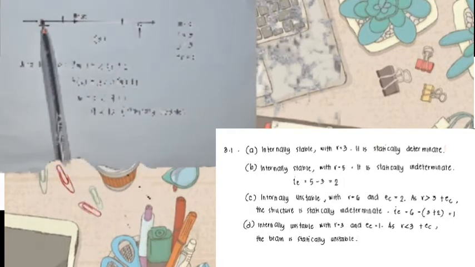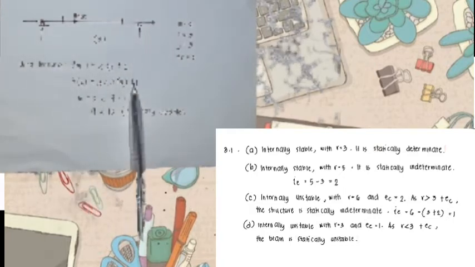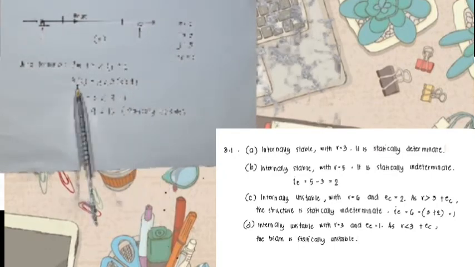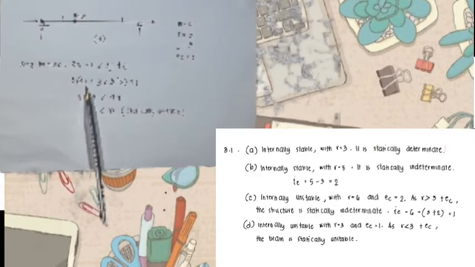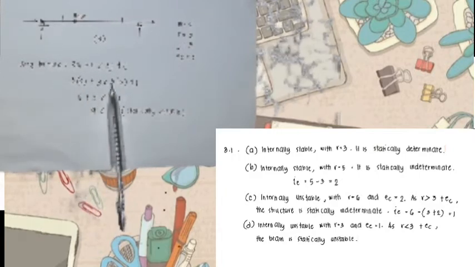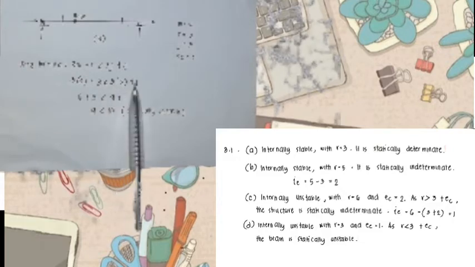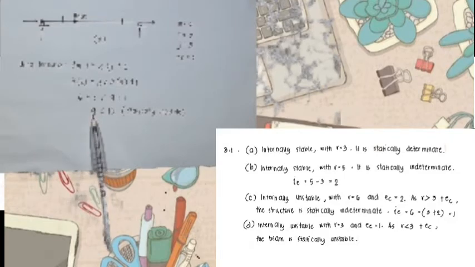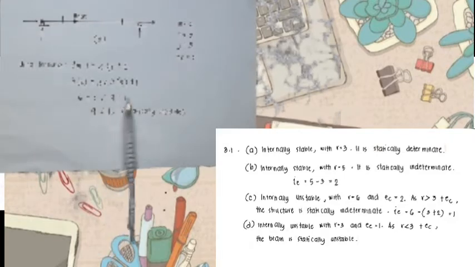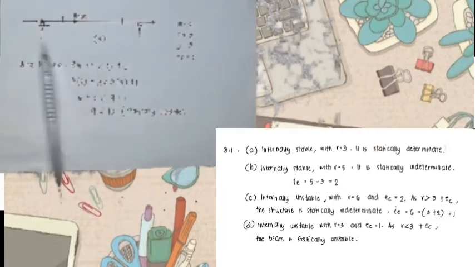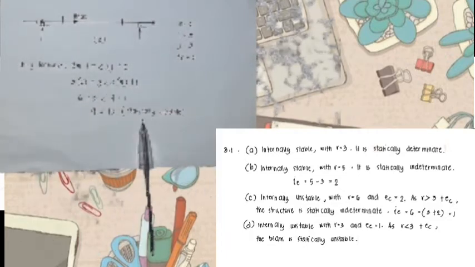This is the joint, 1, 2, and 3, plus the EC of 1. So, 3 times 2 is equal to 6, plus 3, less than 3 times 3 is 9, plus 1. So, 6 plus 3 is 9, less than 9 plus 1 is equal to 10. So, this beam is statically unstable.